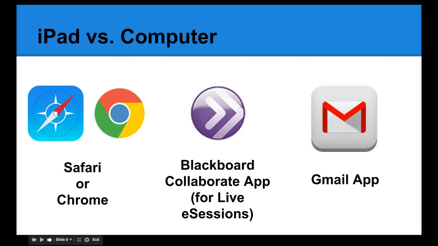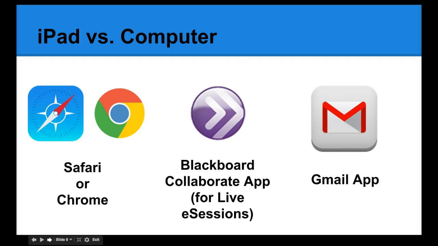Now, we've talked about using those mobile devices. There are some times when you're working on an iPad that you may find things that don't work as well with your eAchieve courses, and that'll be coming up just a little bit later. But if you are going to be working on your iPad to do some of your course, we do suggest that you use the browser on your iPad rather than the Blackboard Learn app.